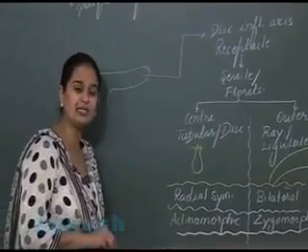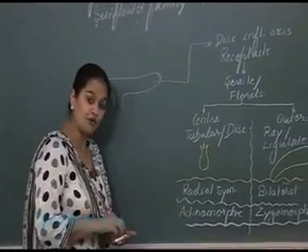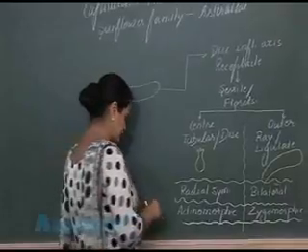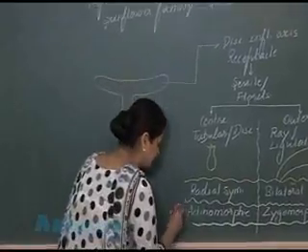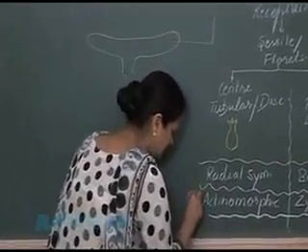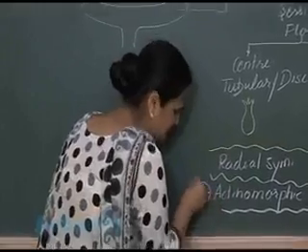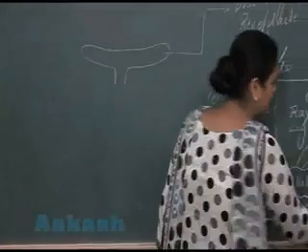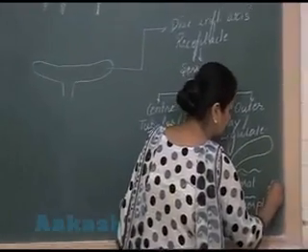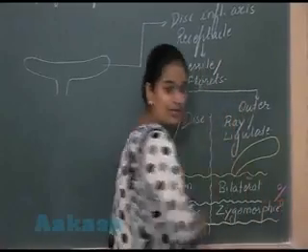Now when we write the floral formula for the actinomorphic condition, the symbol which is utilized, that is this. Actinomorphic के लिए this symbol is utilized, and for the zygomorphic condition, this symbol is utilized.